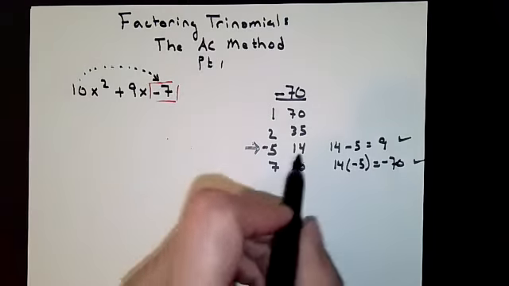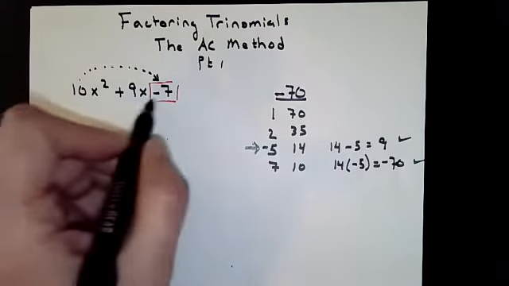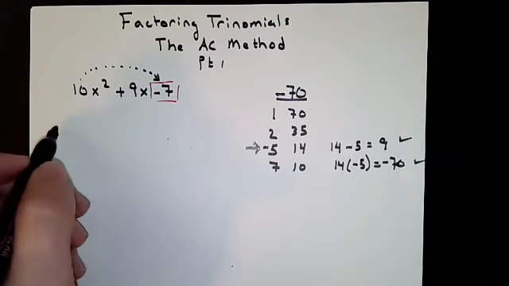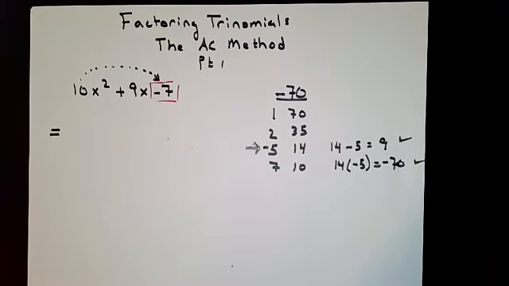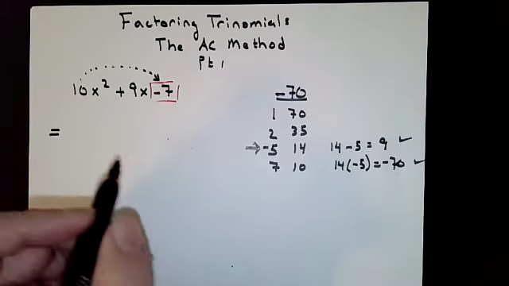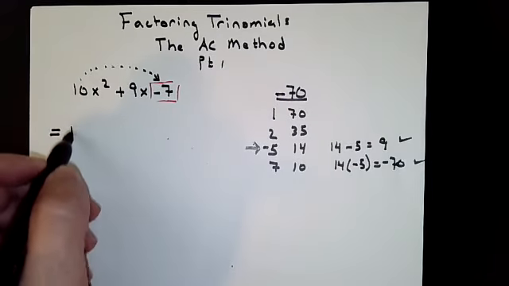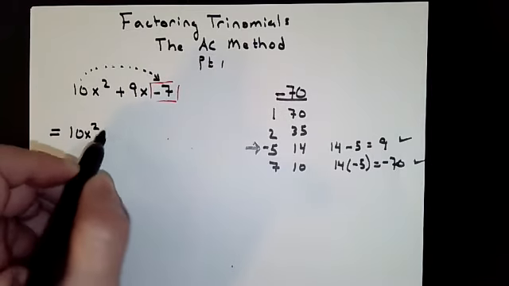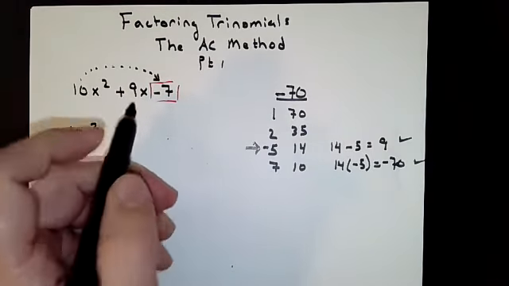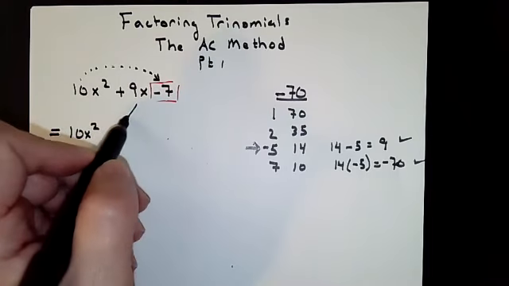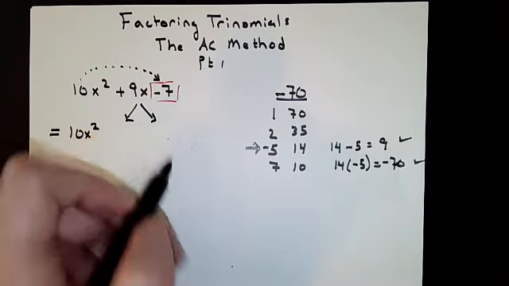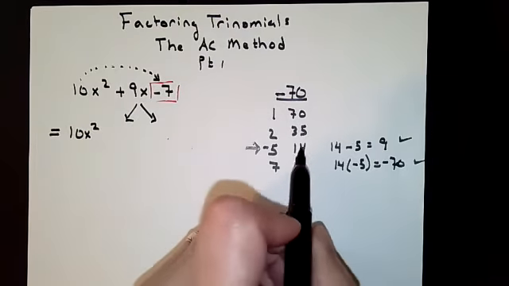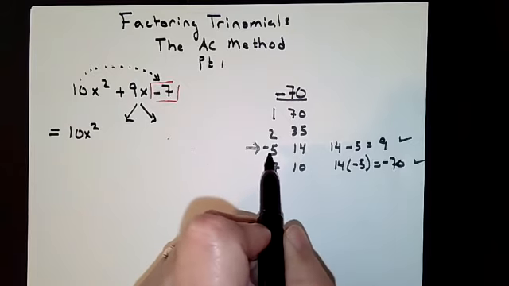All right, so what are we going to do with these two numbers? Well, we're going to come back over here, and we are not going to factor. Instead, we're going to rewrite this. So 10x squared. But now when we get to the middle term, we're going to take this middle term and split it up into two different terms.